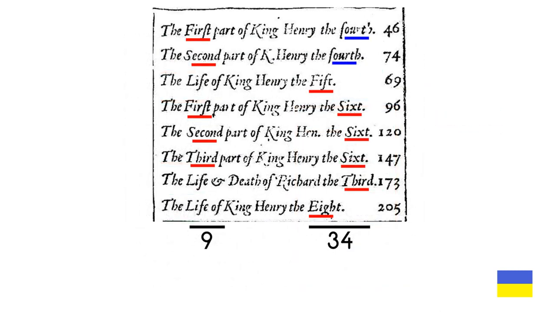The left-hand side adds up to 9. The right-hand side adds up to 34. Adding like with like, 34 plus 9 is 43.